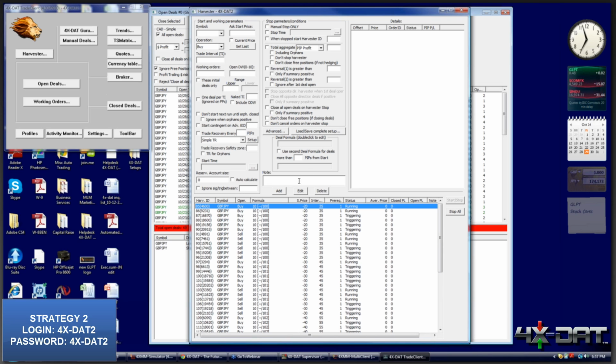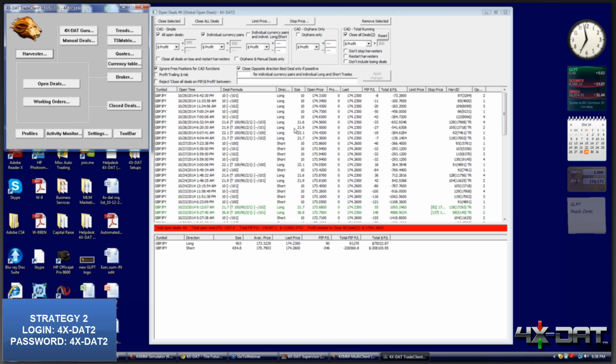We will deploy additional algorithms or additional trades, and every trade in this particular strategy has a trade recovery built in, and you can clearly see that from the size of some of these trades. You see that the initial trade starts off as 10 mini lots or one standard lot, and then there are different sizes.